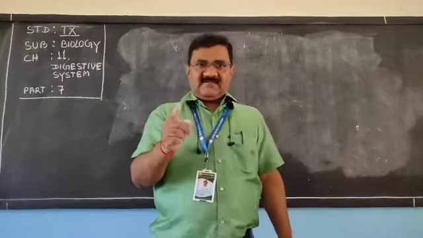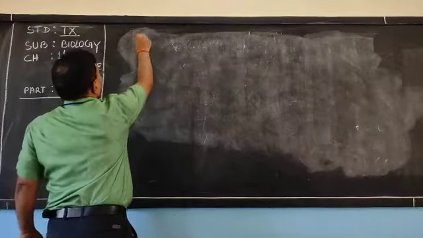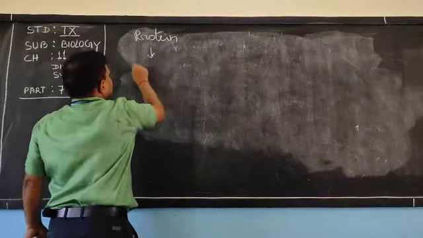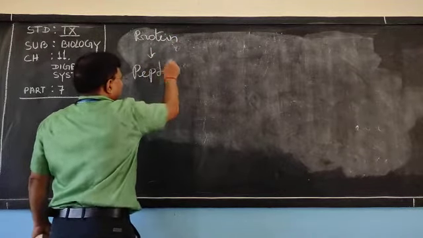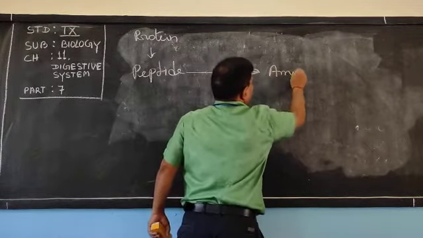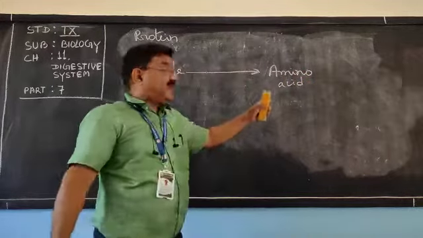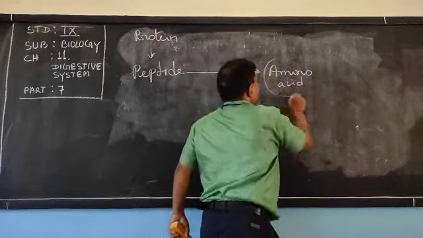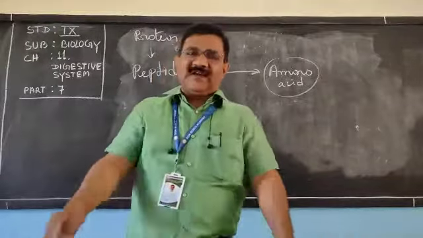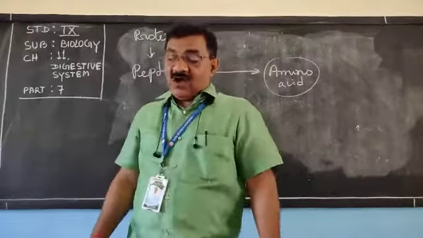Trypsin breaks protein into peptides, and peptides are changed into amino acids. Try to understand. This is the simple part which our body absorbs. So protein finally is broken into amino acids. First it is broken into peptides and then peptides into amino acids.